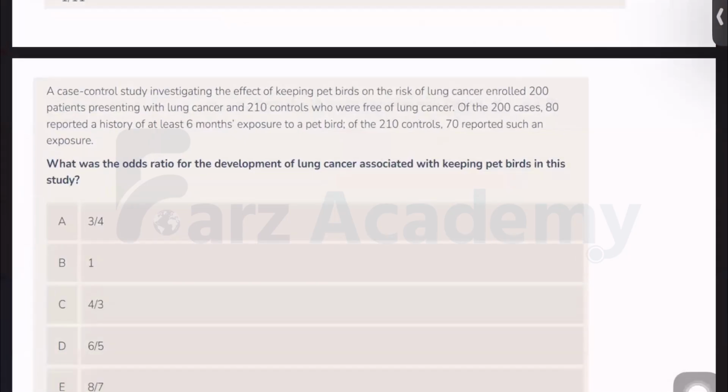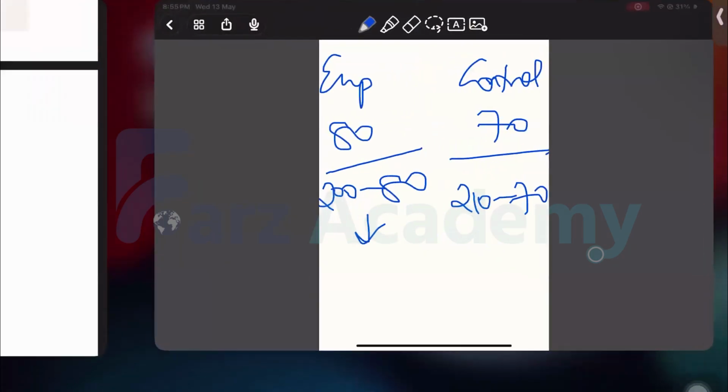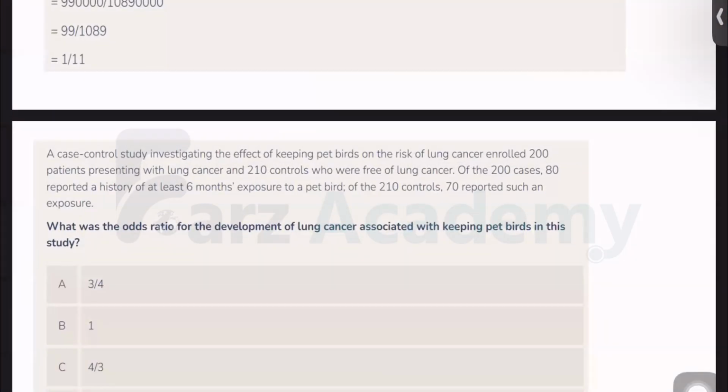See the question. 200 cases, 80 were positive in the exposure. So 80 upon 200 minus 80. Out of the 210 controls, 70 reported an exposure. So 70 upon 210 minus 70. Yes, because the controls are 210 here and the cases are 200. And always in the odds ratio, very important, I told you in class, you'll probably miss out that you don't have to take the total cases.